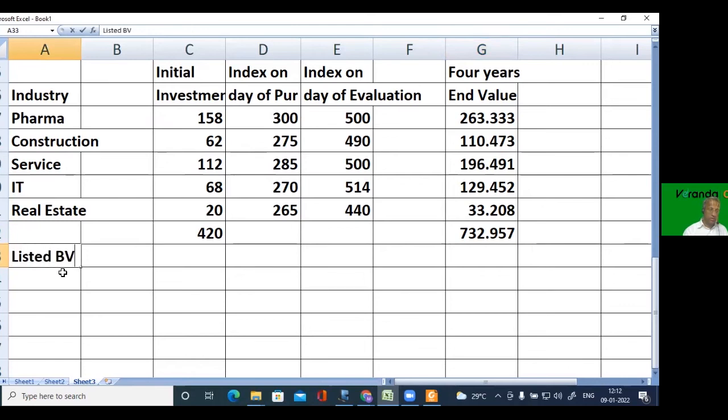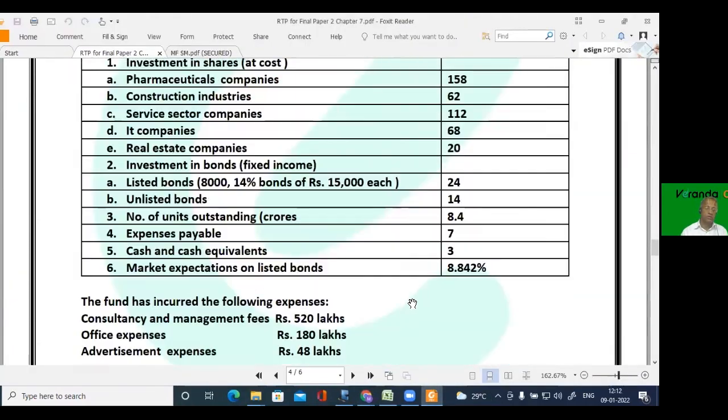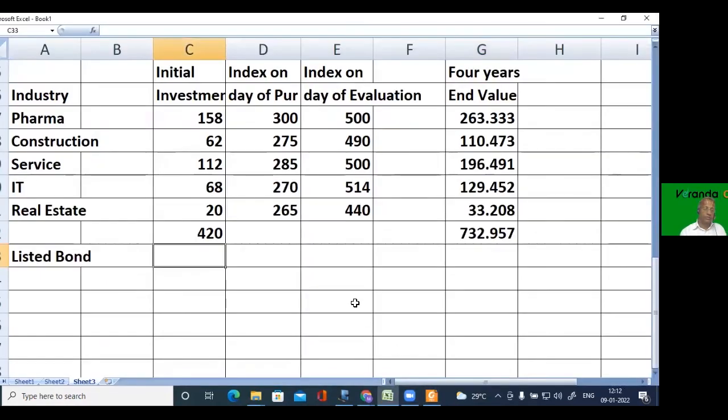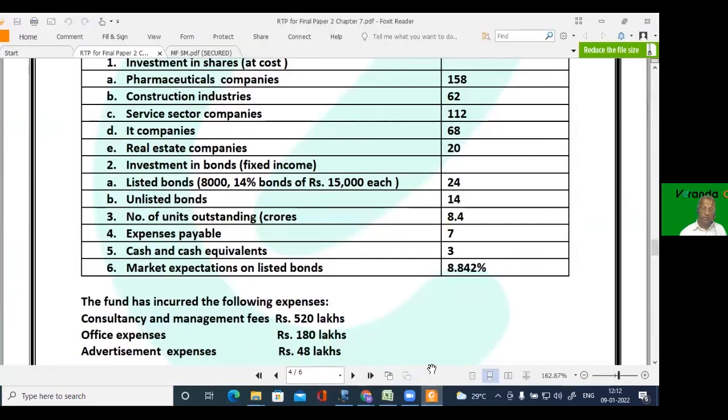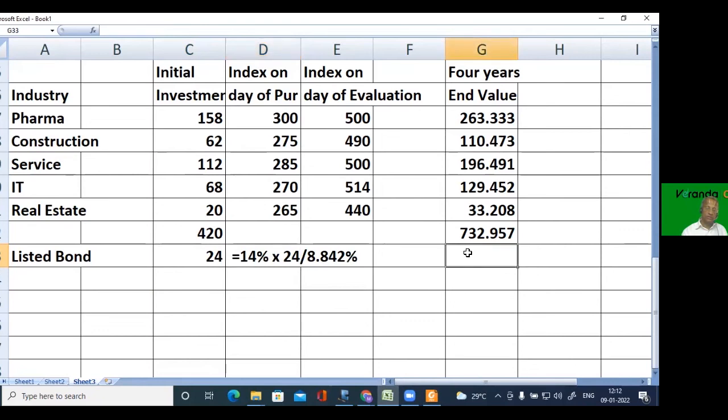Listed bond, 24 crores. Here, how are we going to make this change? 14% into 24 crore divided by 8.842%, that is 14% into 24 into 0.08842.